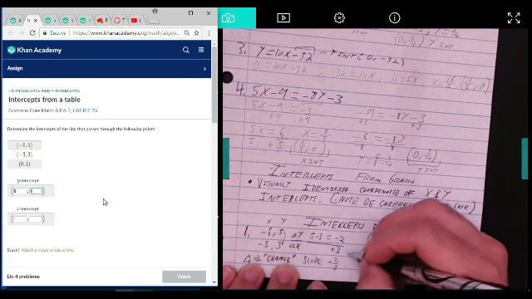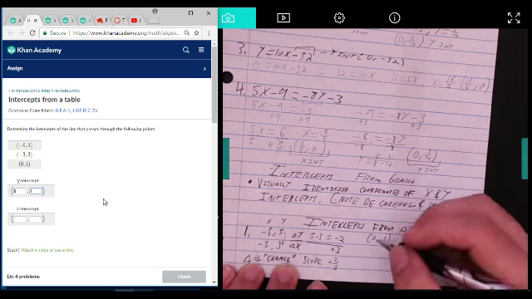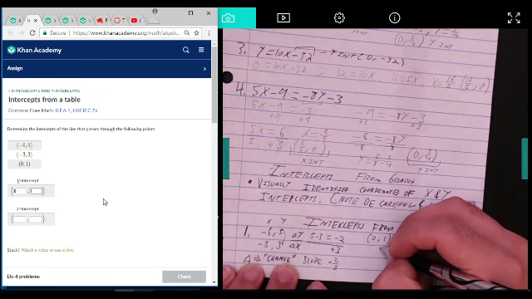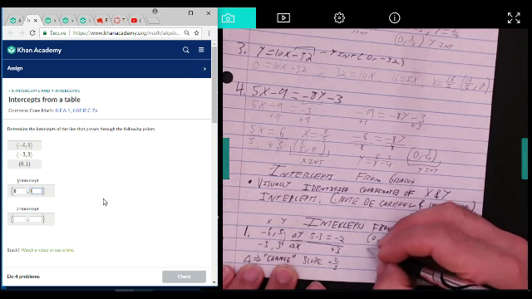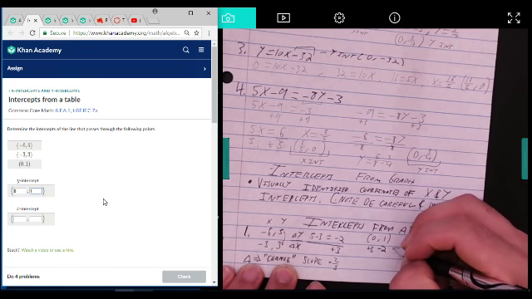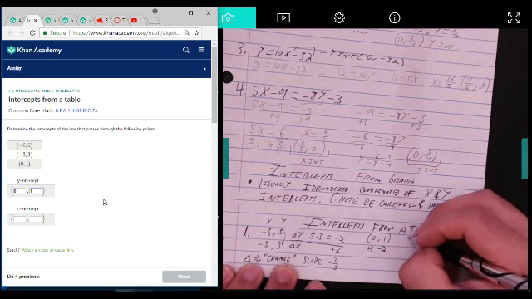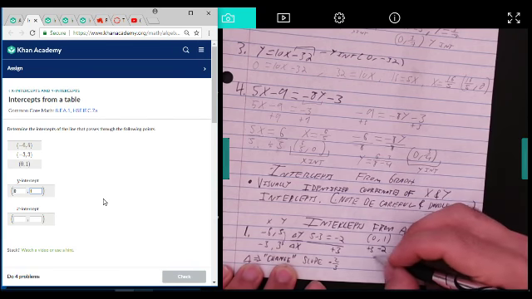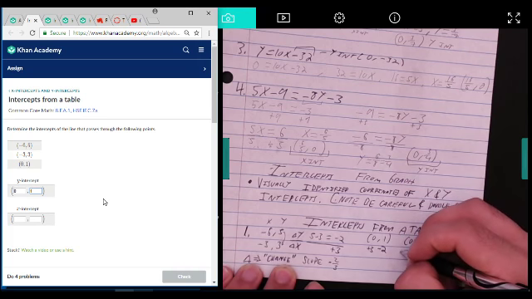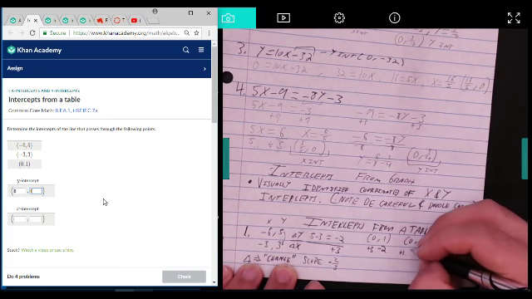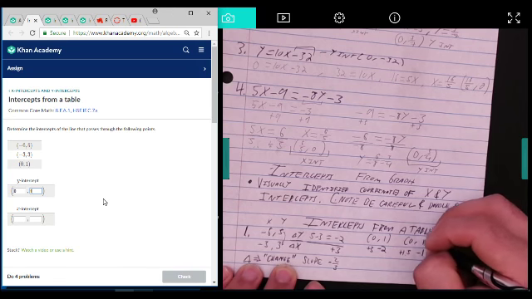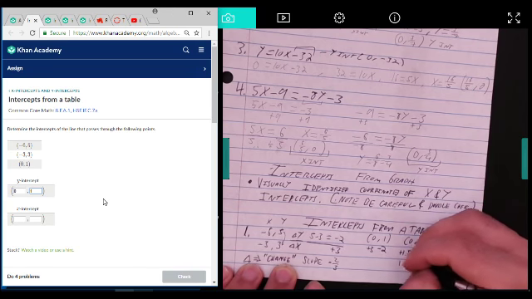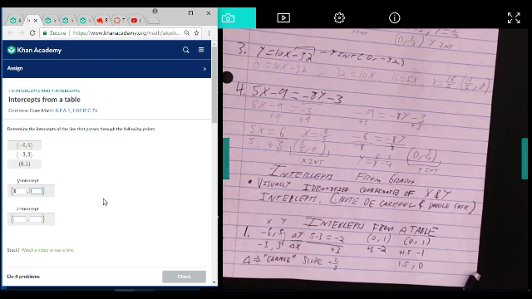So looking at the slope, if y was to decrease by 2, x would increase by 3. But what we want to do is at the point 0, 1, have y decrease by 1. And if y decreases by 1, this has to remain proportional. So x is going to increase by 1.5. And so that means you're going to have 0, 1.5 as our x-intercept.